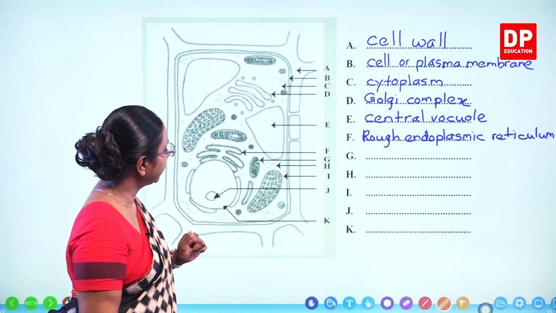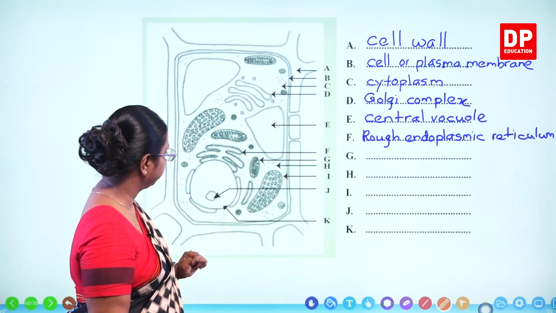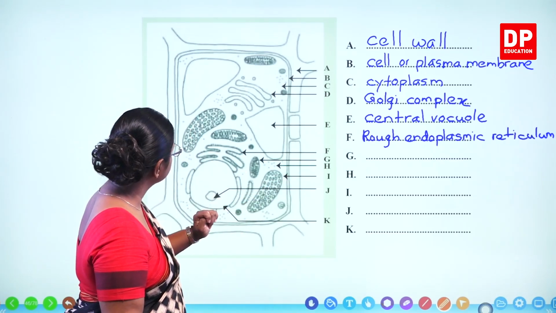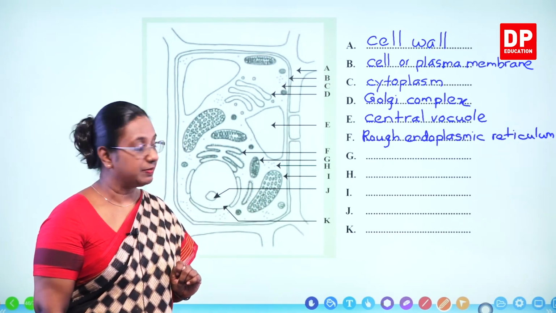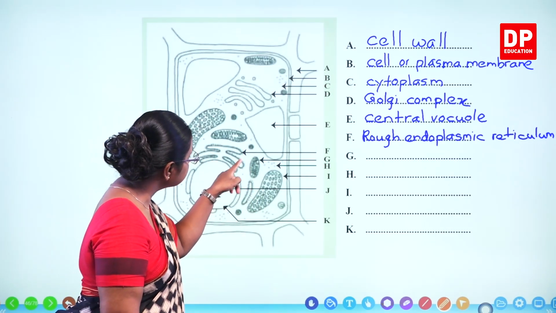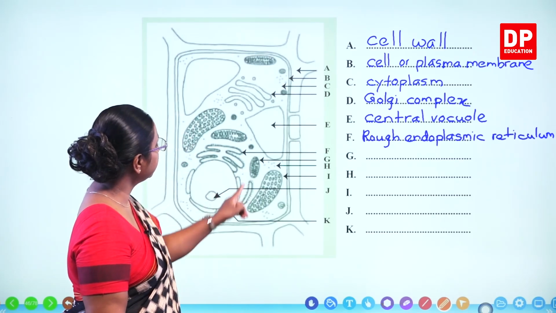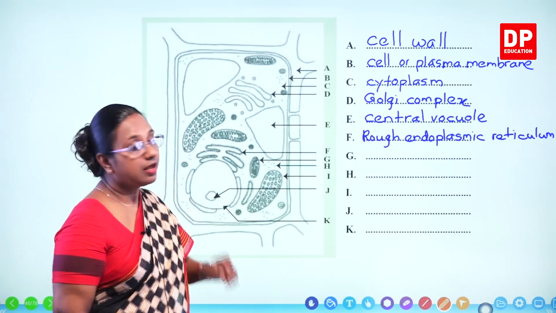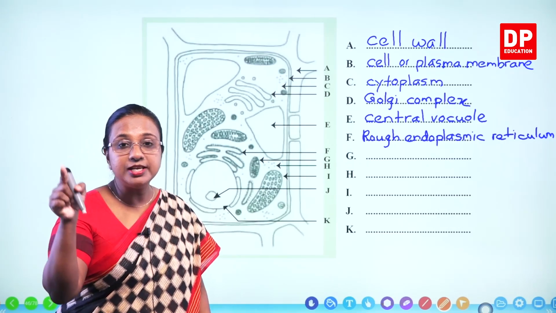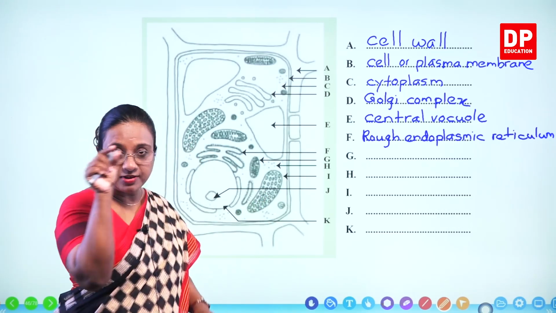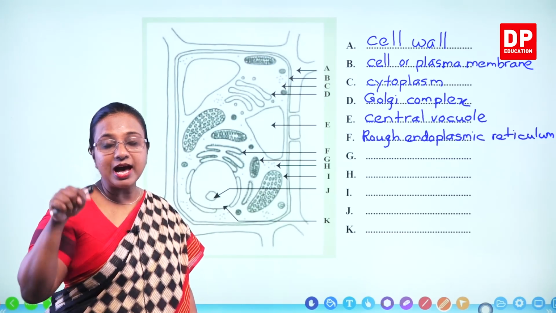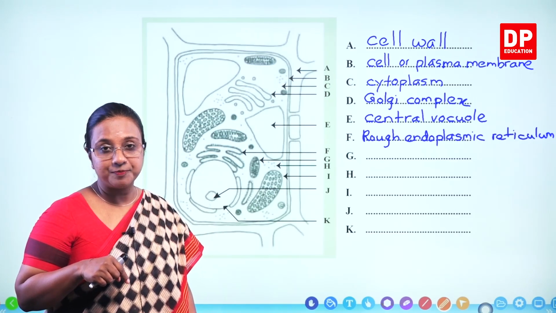Then we have to identify G. Here you can see there are two structures which are similar, and in this one you can see this and that they have that folded membrane, and these two have like plate-like or lines in between them.